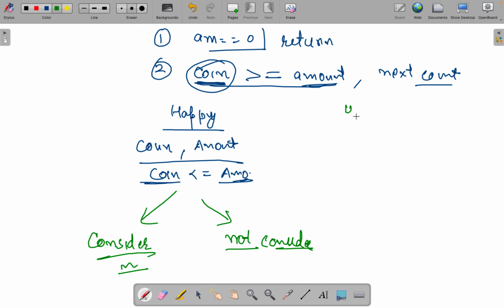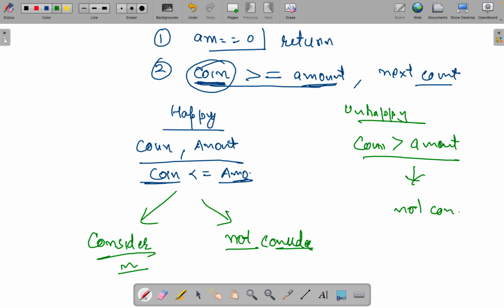And what is the unhappy case or sad case, we can say? The sad case is when we have a coin and the coin value is greater than the amount. In that case we can only do one thing, which is not consider and go for the next coin, right?